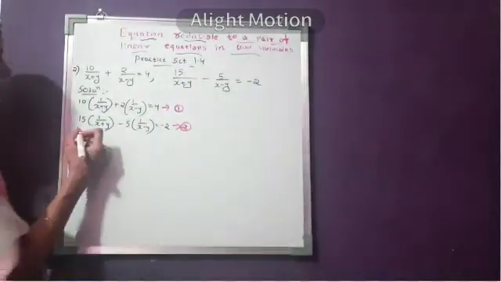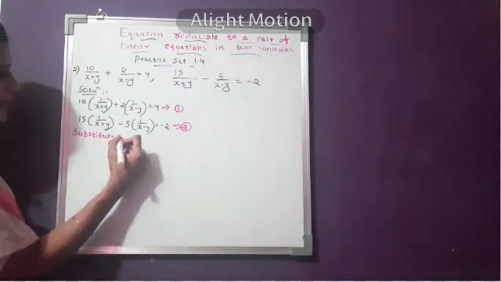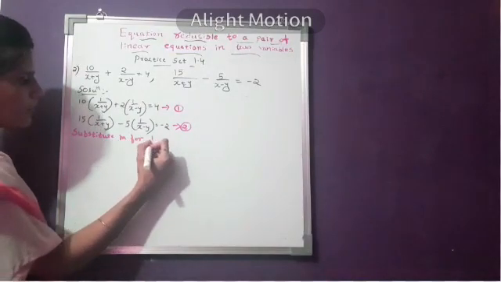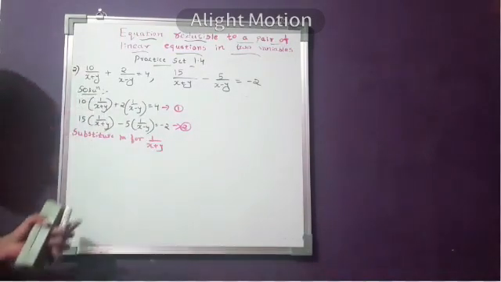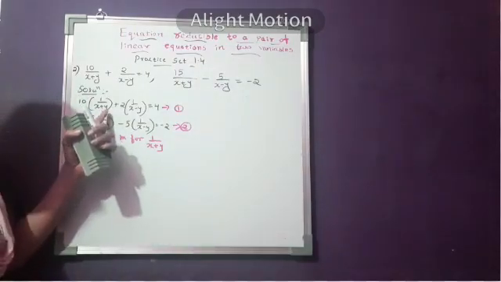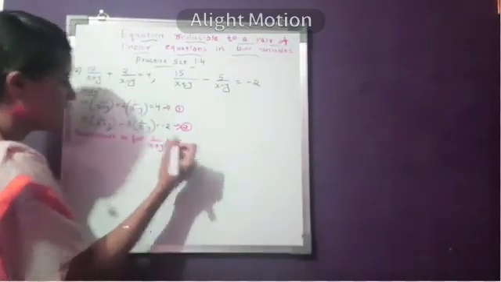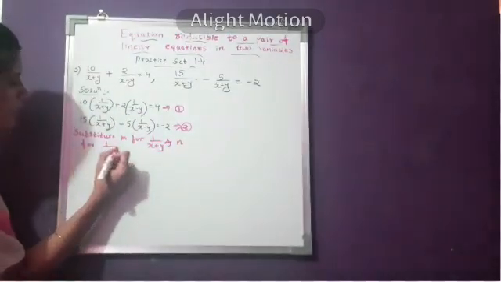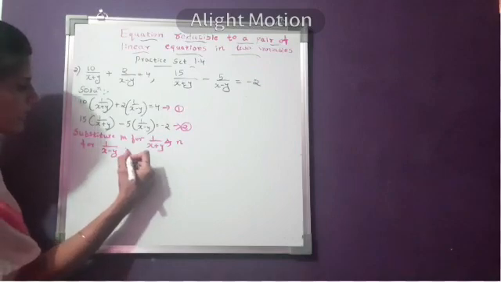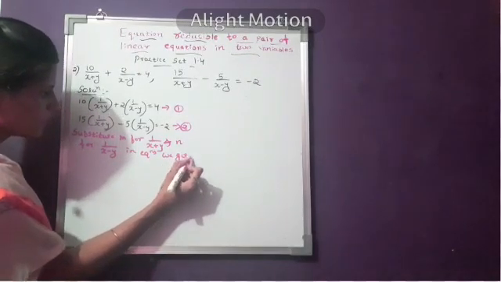You know that you have to substitute m for 1 upon x plus y. In the previous case, you substituted 1 upon x. Now as we have two variables, 1 upon x plus y as m and n for 1 upon x minus y in the equations, what are we going to get?